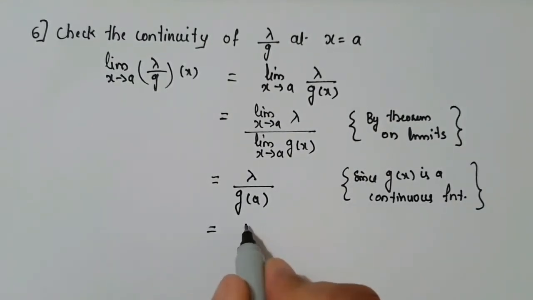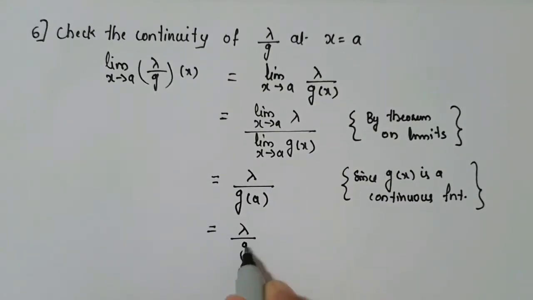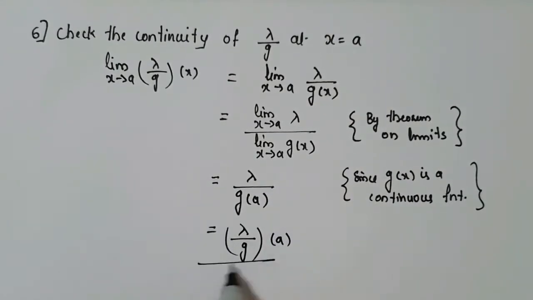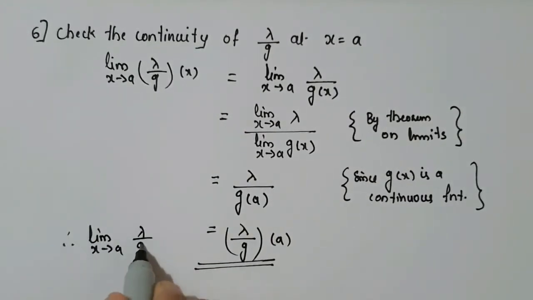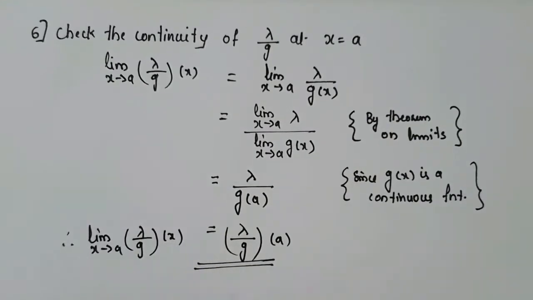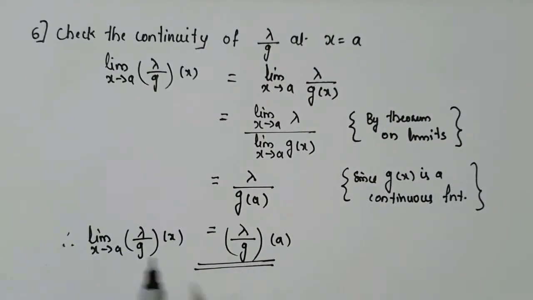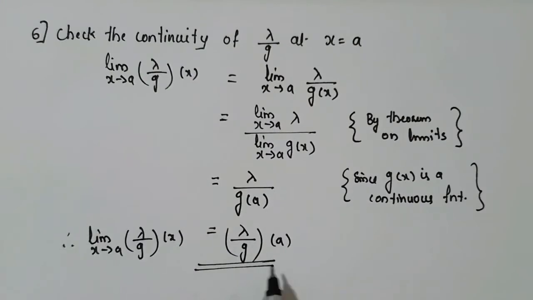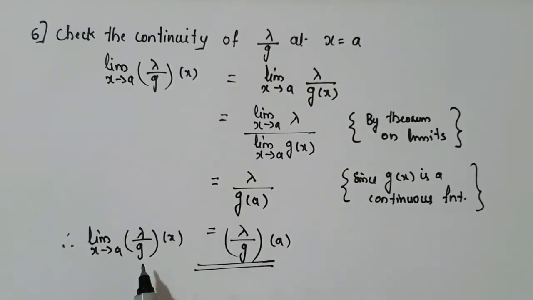This can be written as lambda by g of a. Therefore, limit x tends to a lambda by g of x is equal to lambda by g of a. Hence, it is proved that lambda by g is a continuous function at x is equal to a.